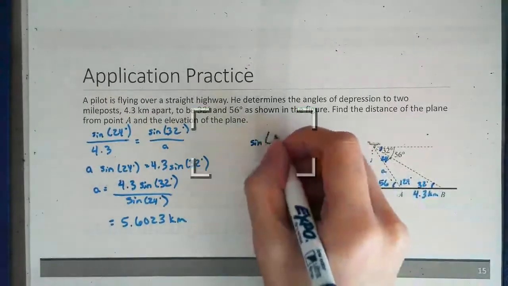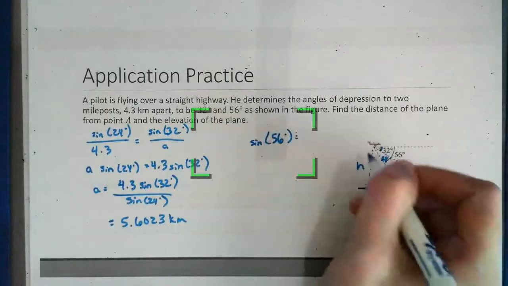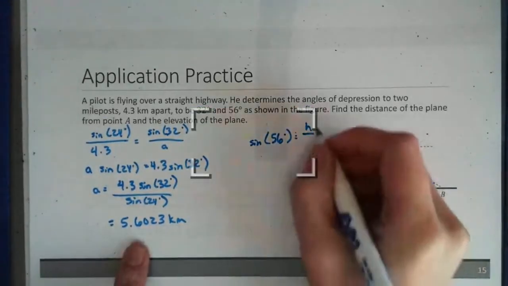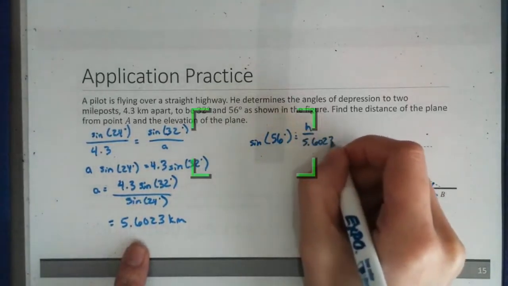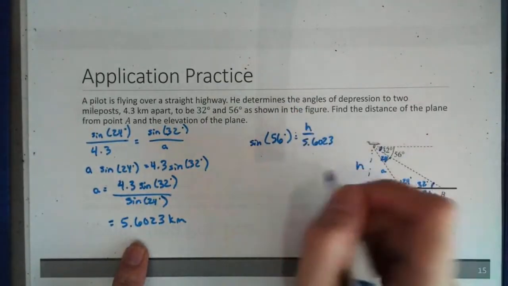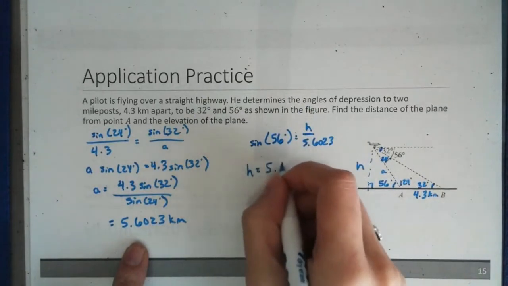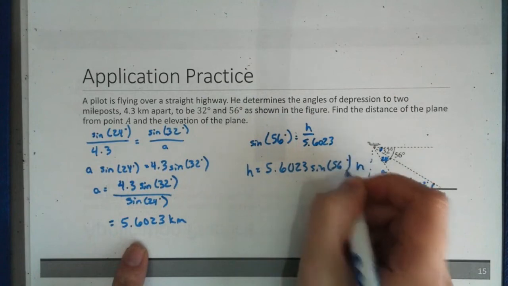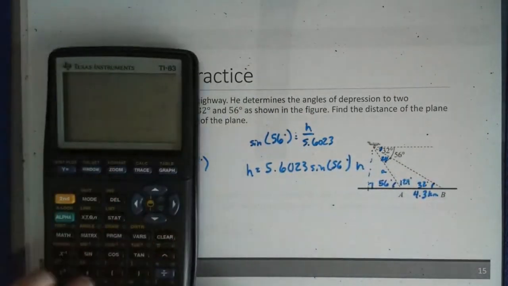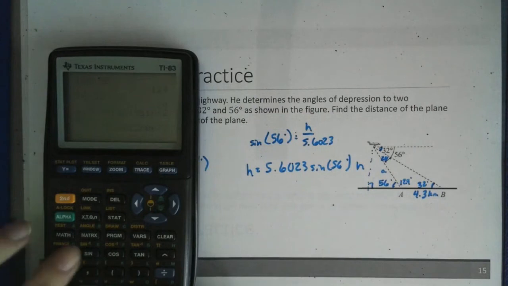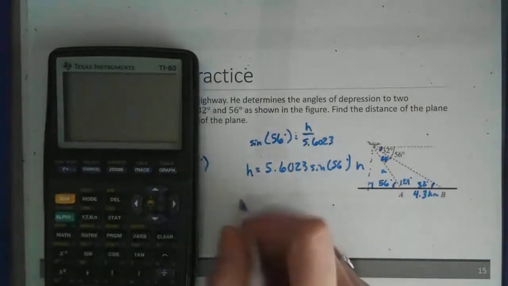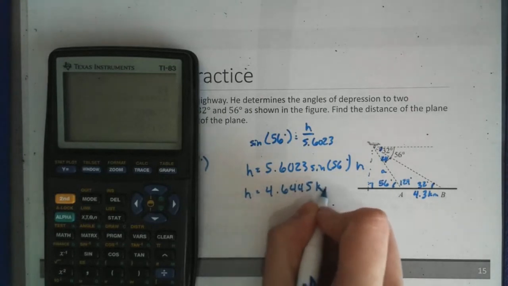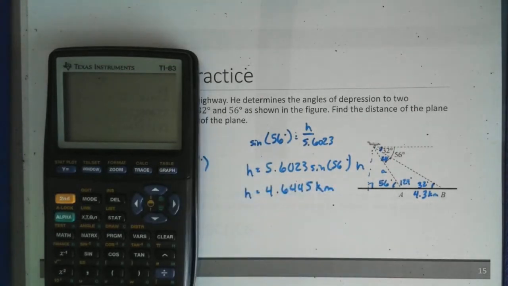The sine of the 56 degrees that I already know is equal to the opposite side, h, over the hypotenuse, that's length A, which I just found. Multiplying both sides by 5.6023, we get h is equal to 5.6023 times the sine of 56 degrees. The height off the ground is 4.6445, and again, we were measuring distance in kilometers.